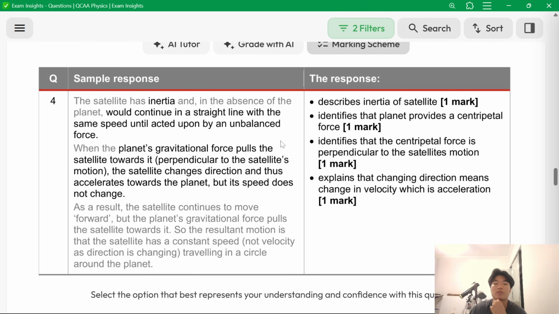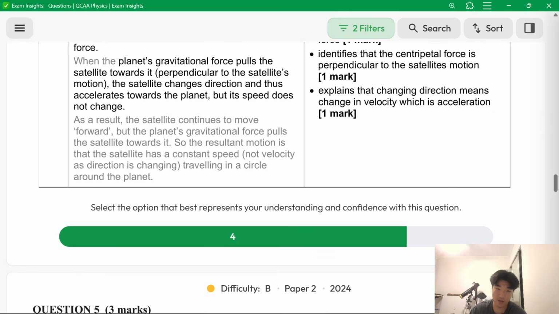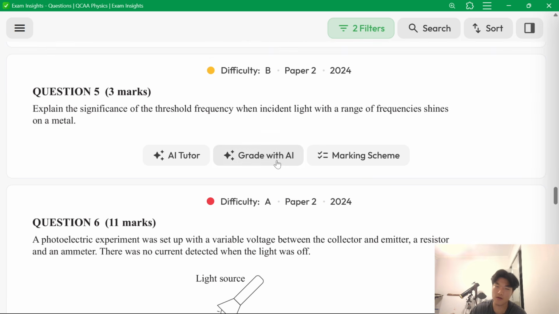Explains that changing direction means change in velocity, which is acceleration. Describes inertia of satellite. Oh my days. Okay. 3 marks, I'd say. I did not state inertia, but overall, decent explanation. Okay, but inertia, yeah, I didn't think it would be relevant, to be honest, for that.